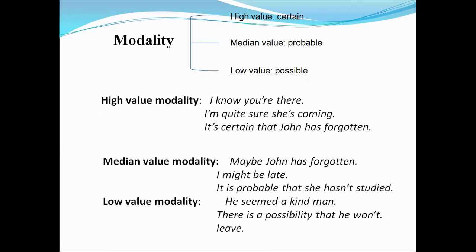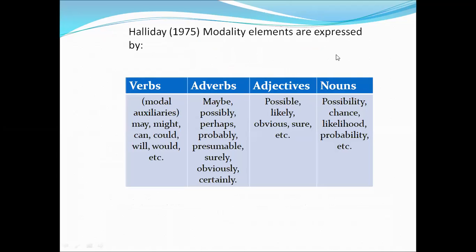Be possibly, can be used, or possibly plus future tense, will or will not, can be used to express low modality. So modality has a hierarchy. In modality we use modal verbs to express certainty and uncertainty, and in between there is probability.